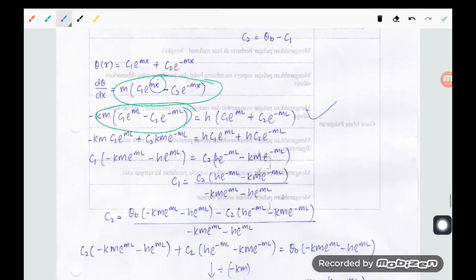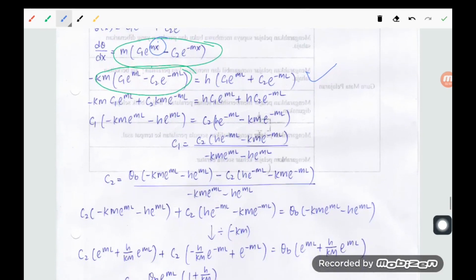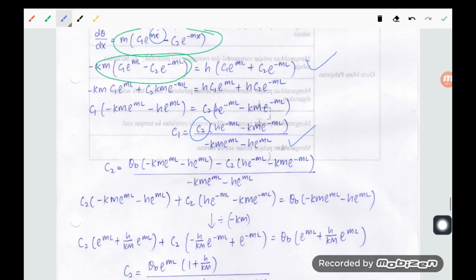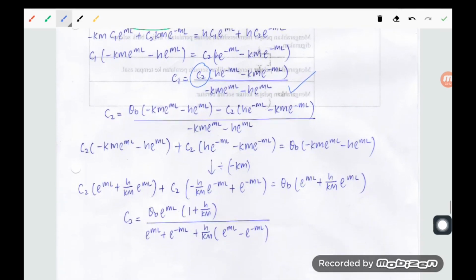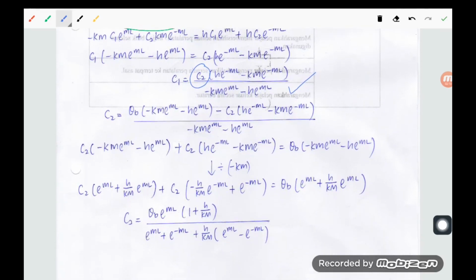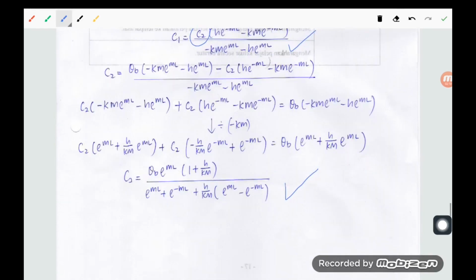After rearranging all the equations, we get our first C1, and we also have a C2 here. We must get rid of the C2, so we substitute the equation again and rearrange it. Then finally we get our C2 alone without the C1.